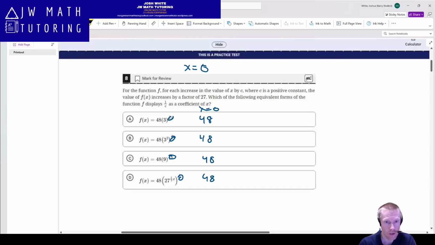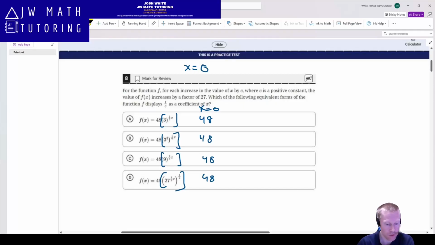So now we're looking for the value of c that we increase x by, i.e. add to x, such that we're going to increase the y value by 27. So in other words, what do I need to make x into such that I will end up having this whole part next to the 48 turn out to equal 27?